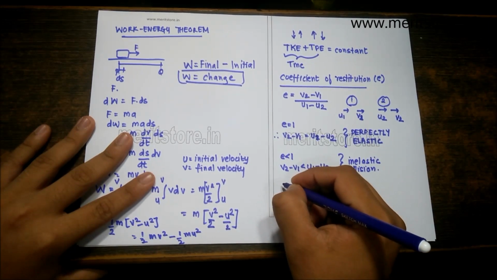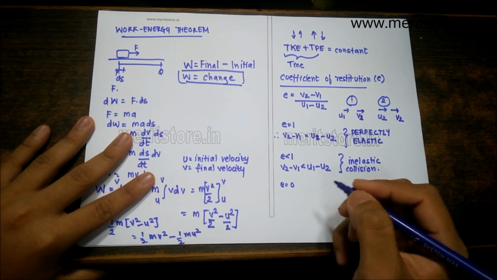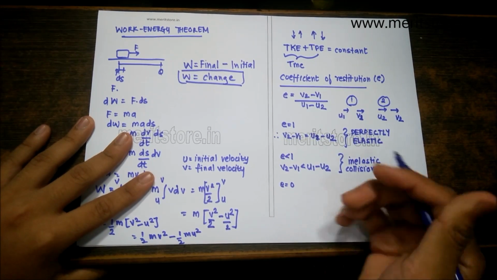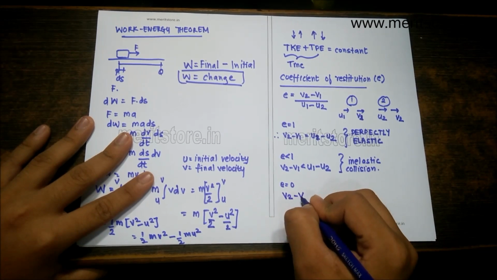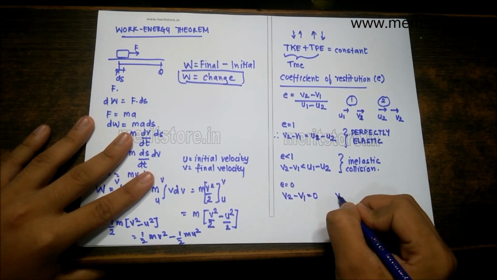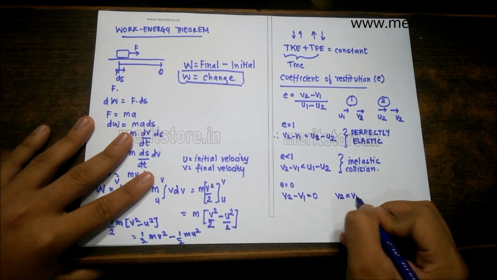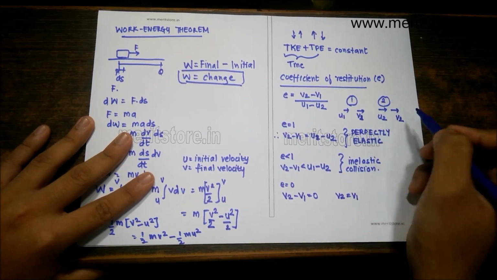Now, what if e is equal to 0? If e is equal to 0, we say that v2 minus v1 is equal to 0, or v2 is equal to v1, which means that both the bodies will move at the same velocity after collision.